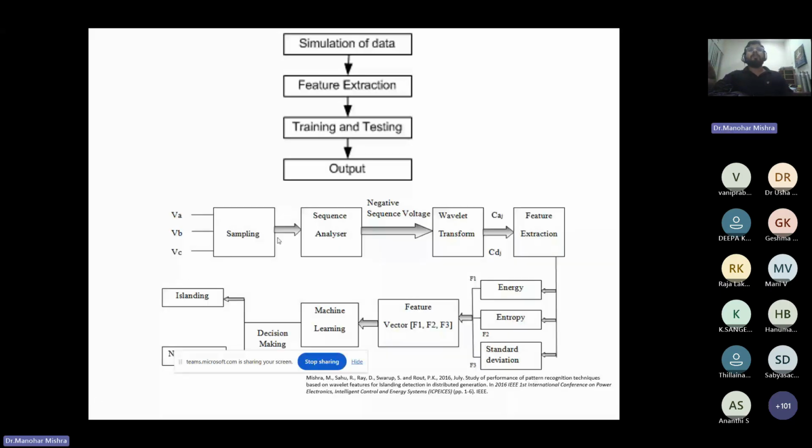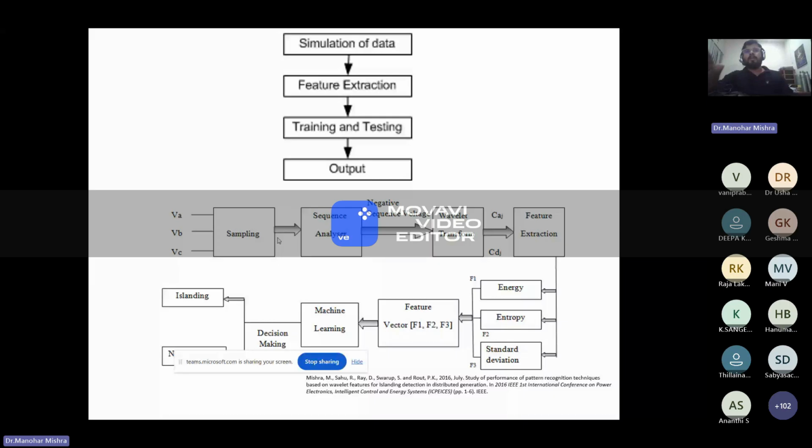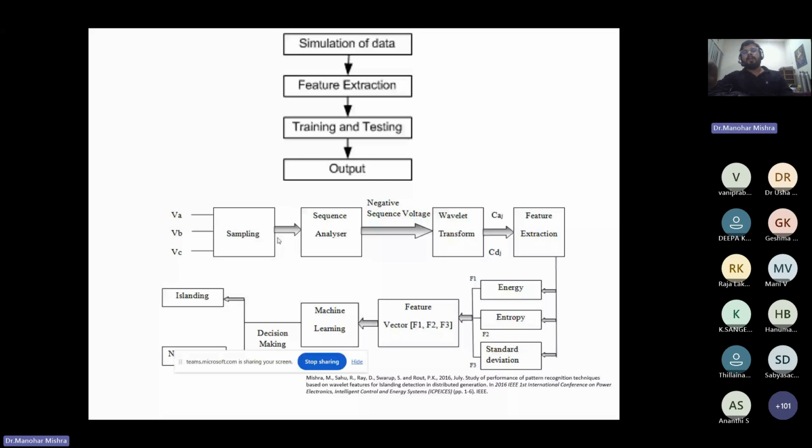This is the method that we have used. It is a very basic method, in which the wavelet transform has been used. The data is simulated; we collected the three-phase voltage data. Then we applied the sequence analyzer to extract the negative sequence voltage.